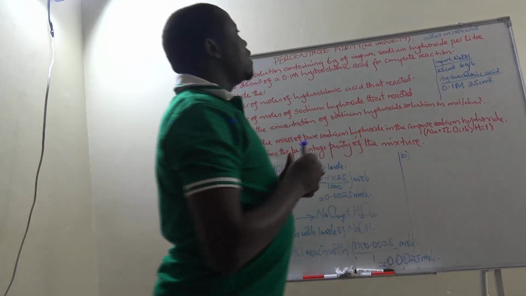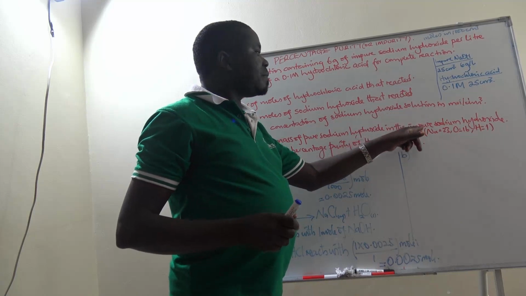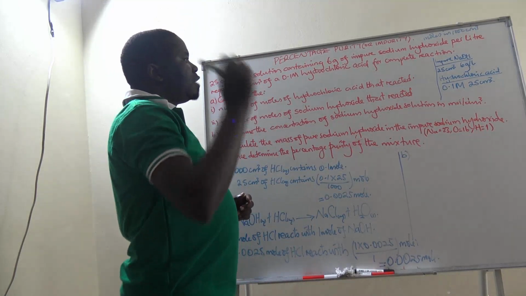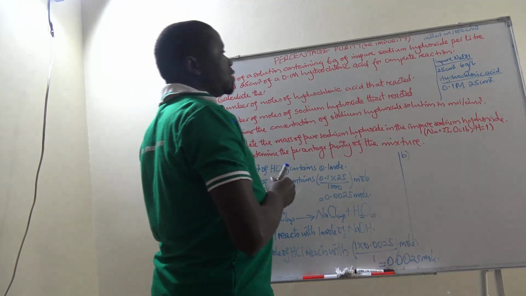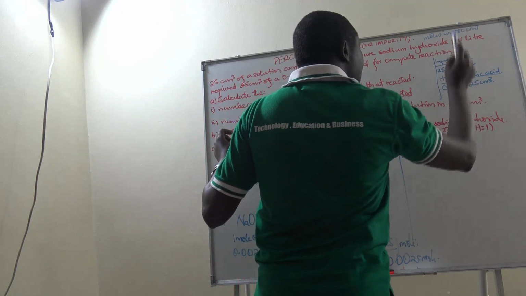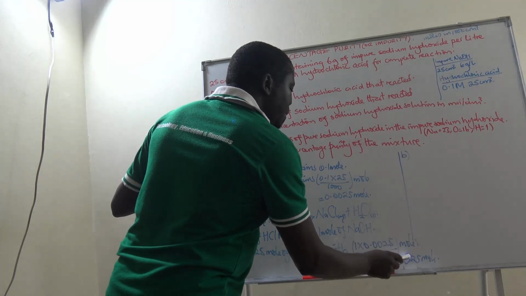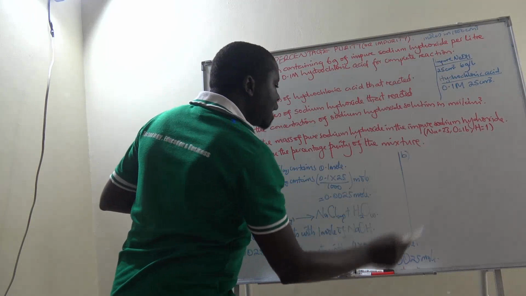And remember that 1,000 cubic centimeters is the same as 1 liter, which is the same as 1 cubic decimeter. So we are looking for the molarity, which is the number of moles in 1,000 cubic centimeters of this solution. And now, what do we have here? We have the volume of sodium hydroxide that reacted, and we have the number of moles of sodium hydroxide that reacted. Meaning that this volume contains this number of moles.